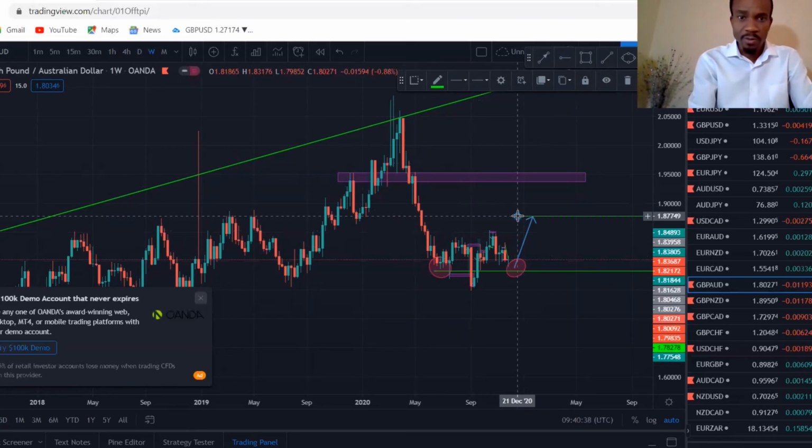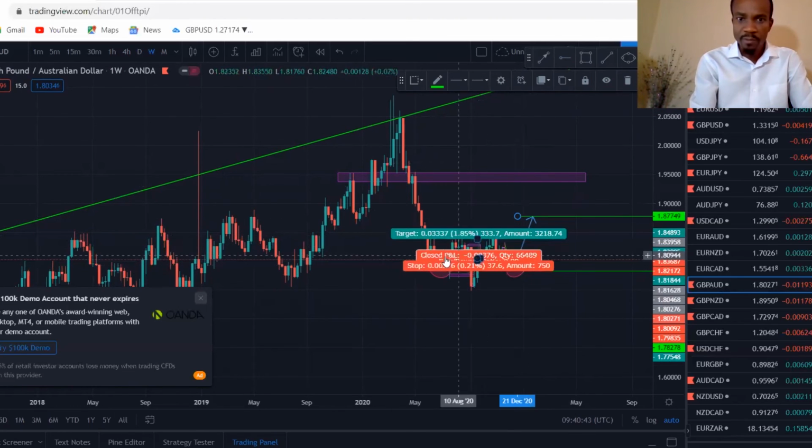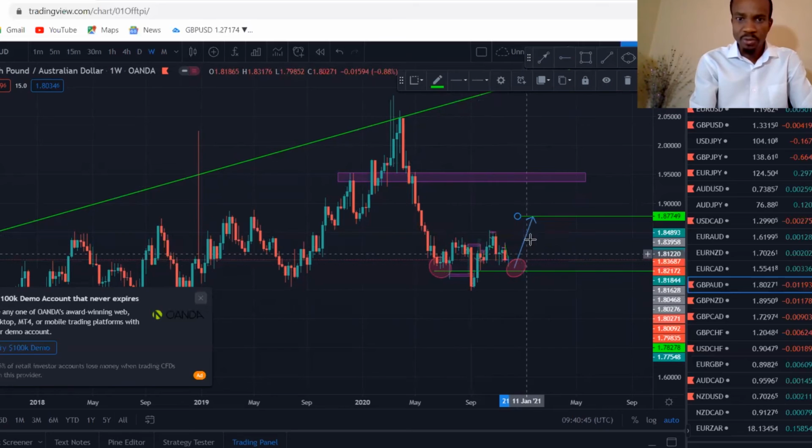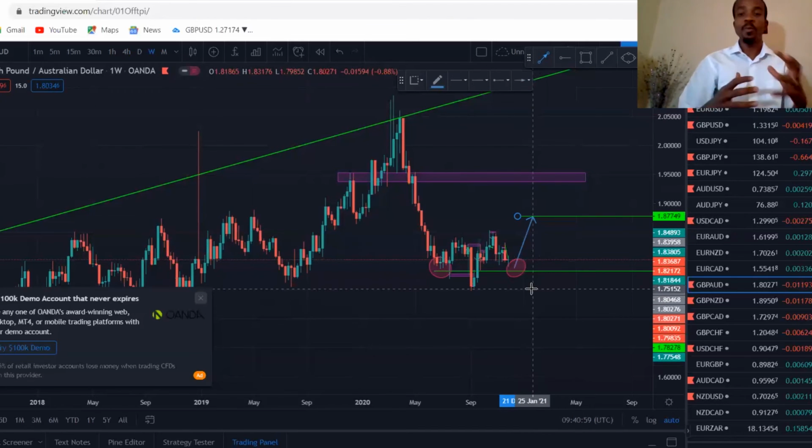So GBP, from here, may form an inverted head and shoulder and go back to this area of 1.88020. Around this area price may come there, and then from this level we'll take a look at what happens from a weekly and monthly time frame.